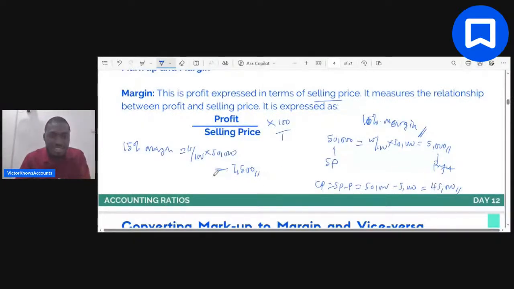If you made a margin of 15%, then your cost price equals 50,000 naira minus your profit of 7,500. That makes your cost price equal to what? 37,000. Sorry, 42,500 naira. Do you understand that?